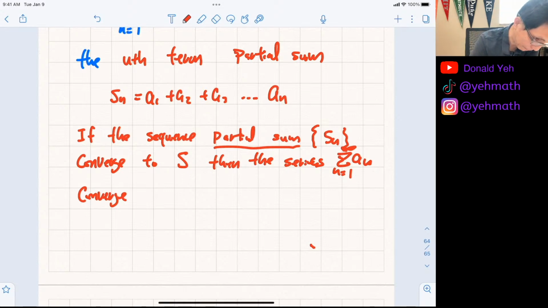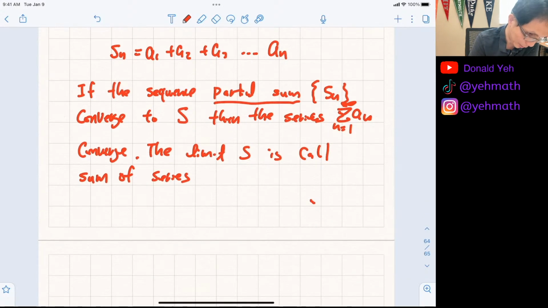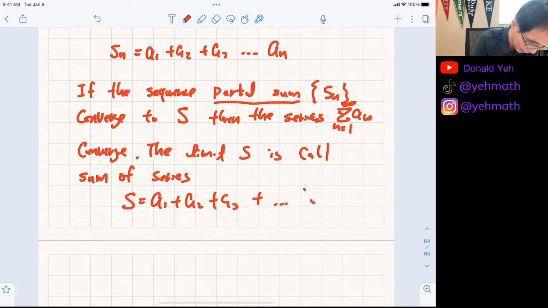That's a bunch of words right there. I'm just copying the exact words from the book. The limit s is called the sum of the series. So s is equal to a1 plus a2 plus a3 plus a sub n, plus keep on going. So s is basically the sum of everything, the infinite series.